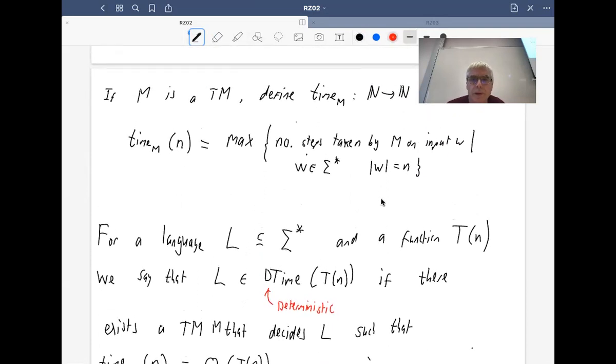And let me just put the annotation here. Remember again, this is the length of the input W.